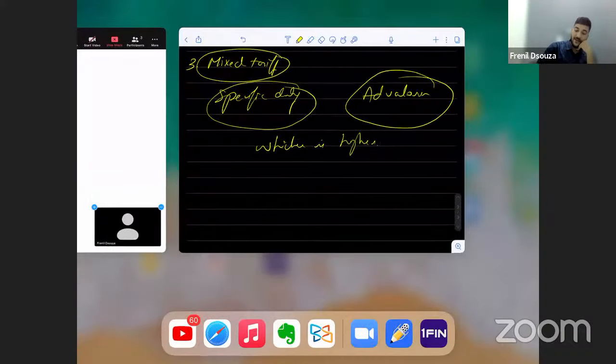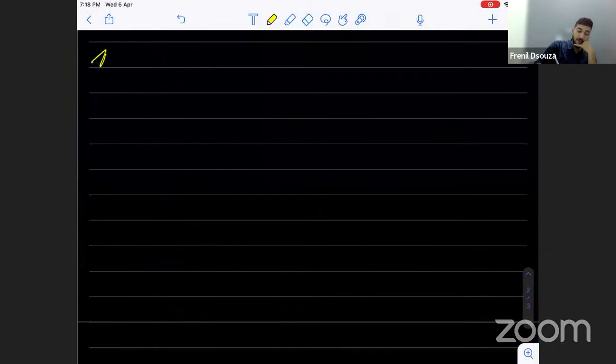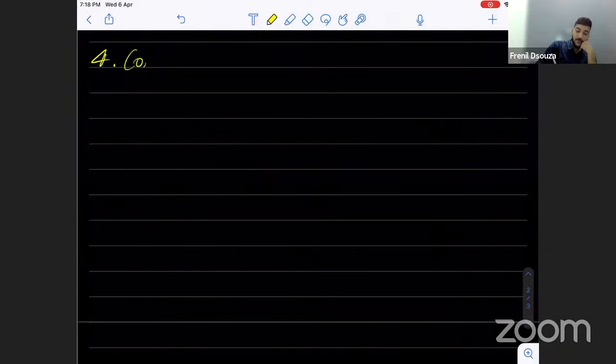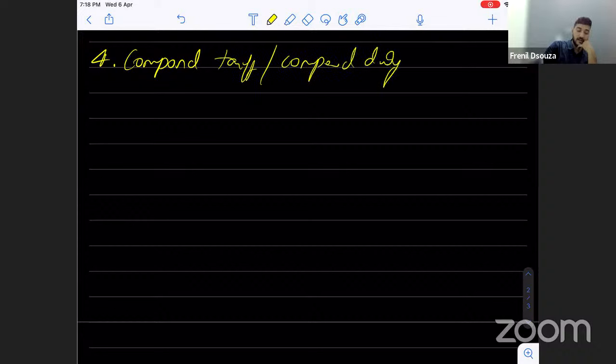That is called mixed tariff. And then we will have the fourth type. The fourth type is called what? Compound tariff, or it is also called compound duty. Now, what is it? It is a combination of specific and ad valorem.